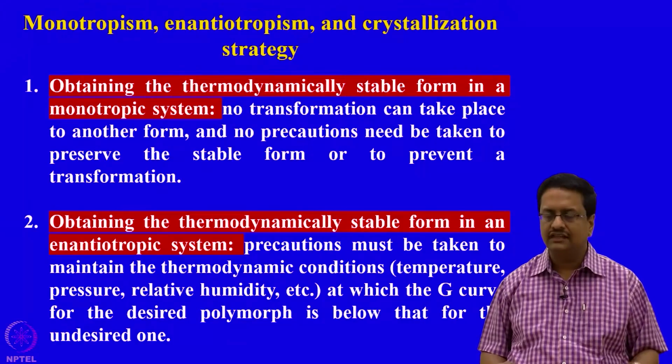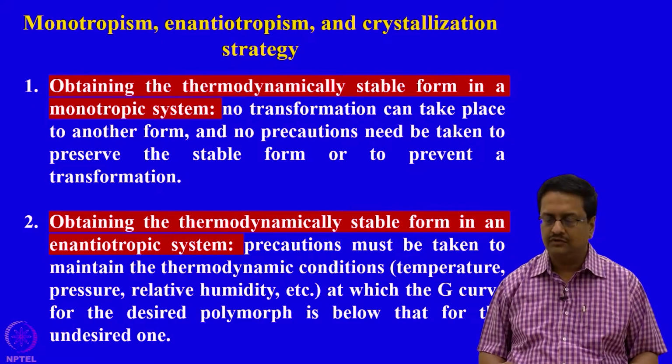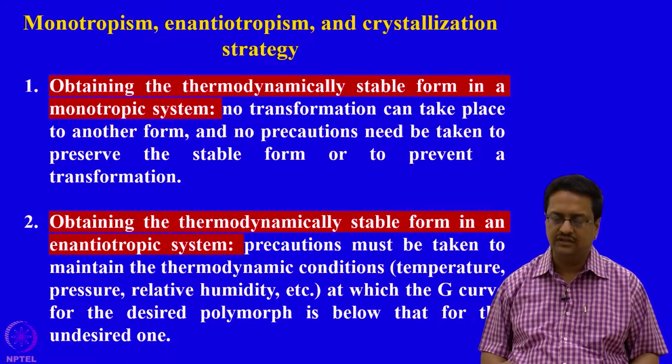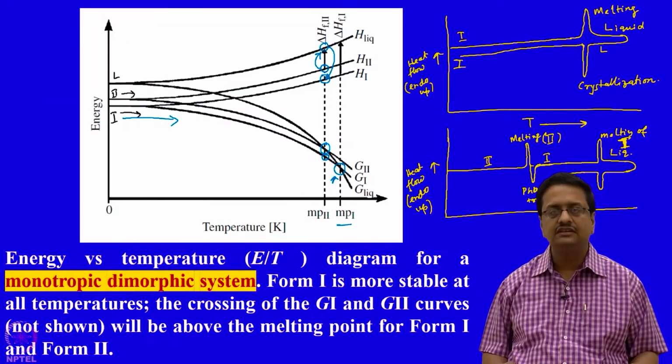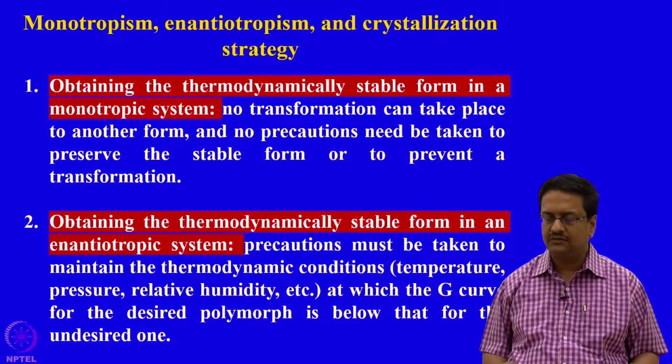So, in this case, no transformation can take place to another form and no precautions need to be taken to preserve the stable form or prevent a transformation, simply because the G curves of form 1 and form 2 do not intersect.